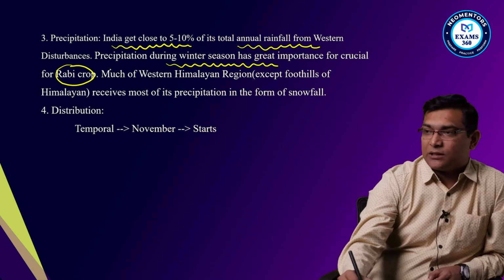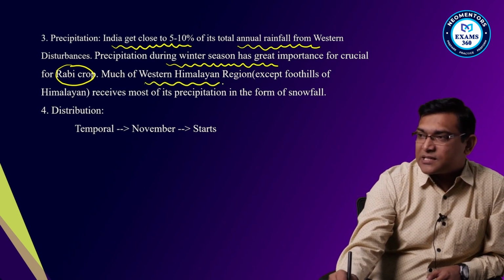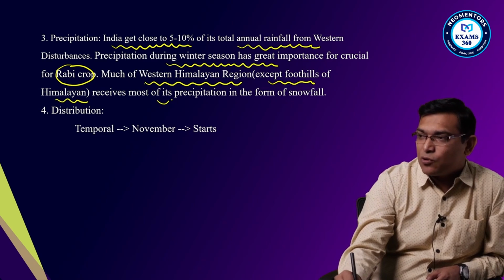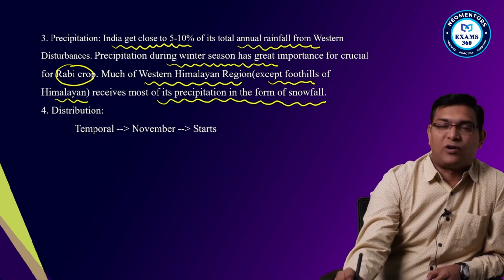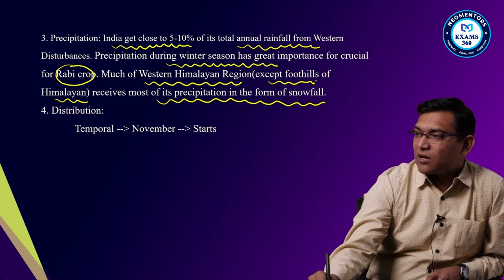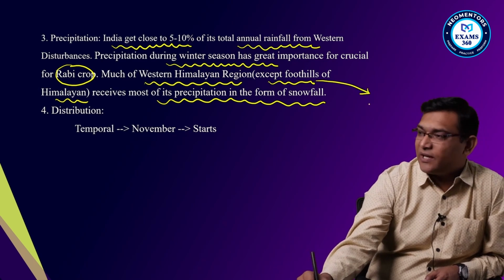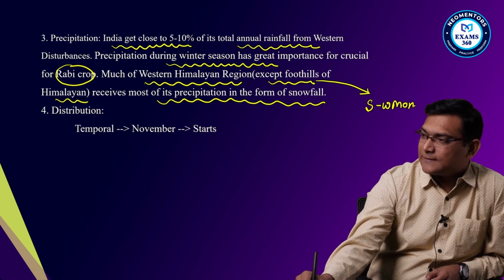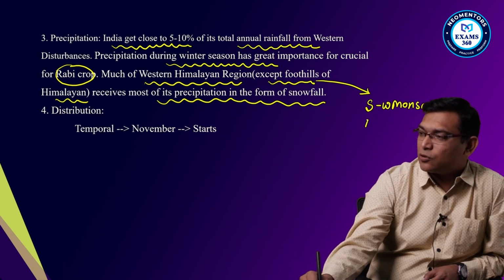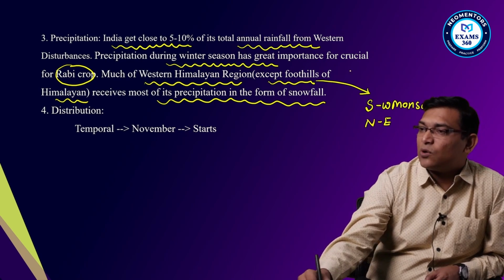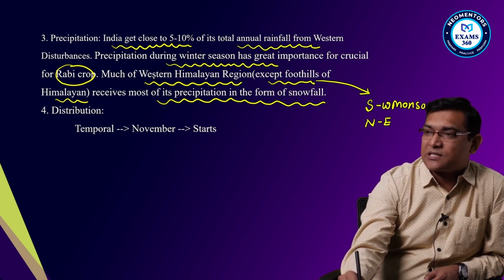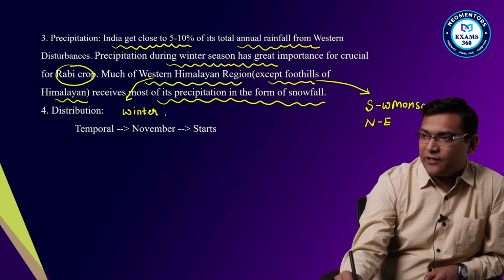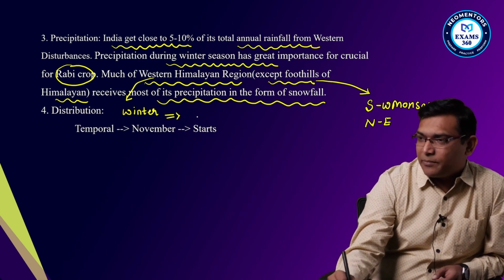Okay, తర్వాత much of the western Himalayas region, except the foothills of the Himalayas, receives most of its precipitation from snowfall. See, the foothills of the Himalayas receive most of their rainfall from the southwest monsoon and also the northeast monsoon. So in much of the western Himalayas, అసలే ఇది చలికాలం, winter season, and what will happen?